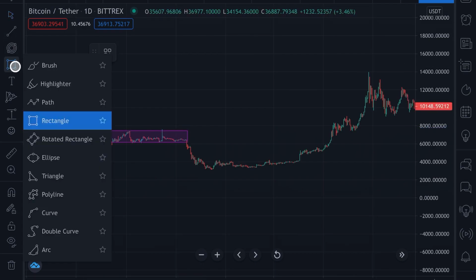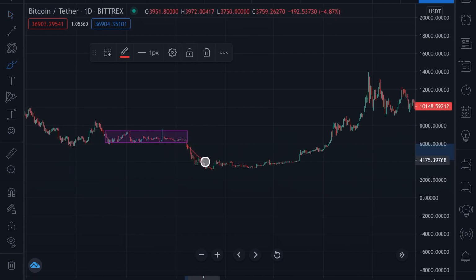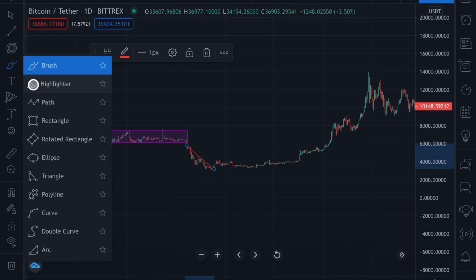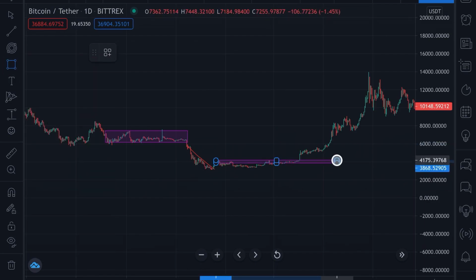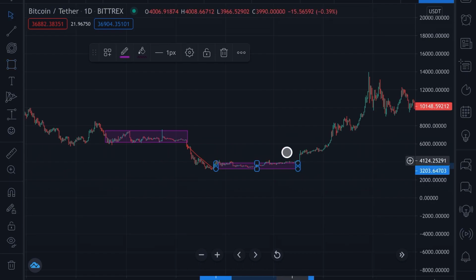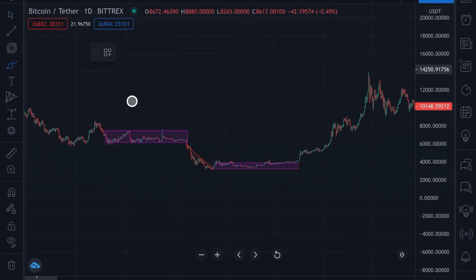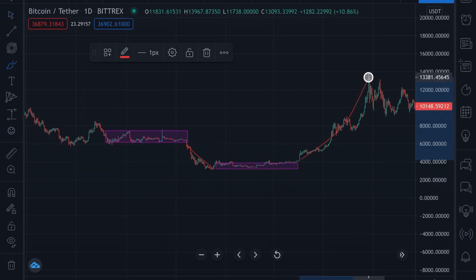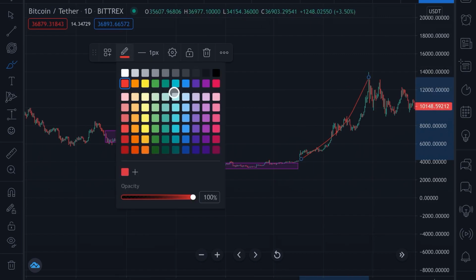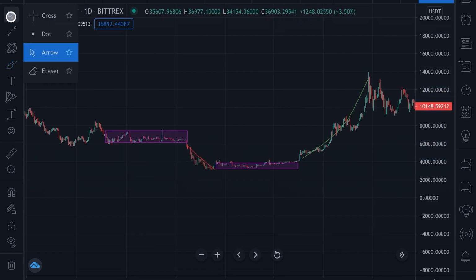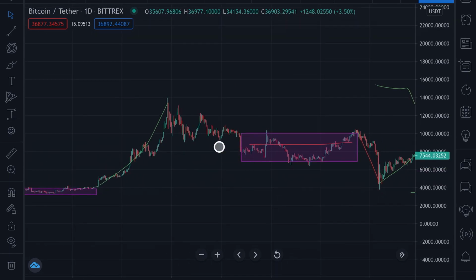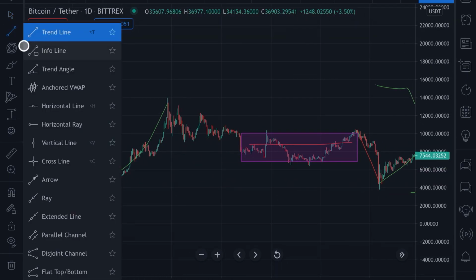Once upon a time, price broke out of this consolidation range into a downtrend, entered another consolidation range here before breaking out into an uptrend, goes all the way up, then you have a downtrend, right?